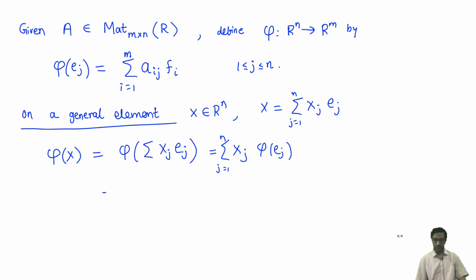So, there is a double summation here, but since R is not a commutative ring, I have to be careful with the order in which I multiply my scalars. So, phi of ej, I am just going to use the equation on top, which says this is the summation i goes from 1 to m, xj times Aij times Fi.